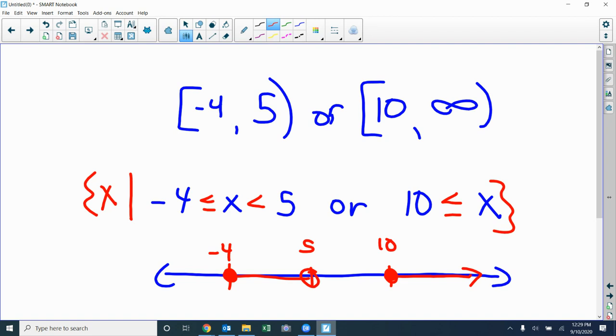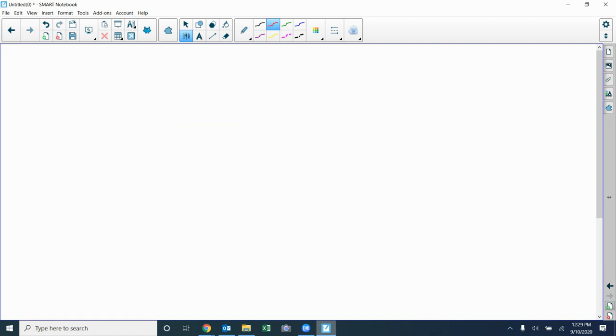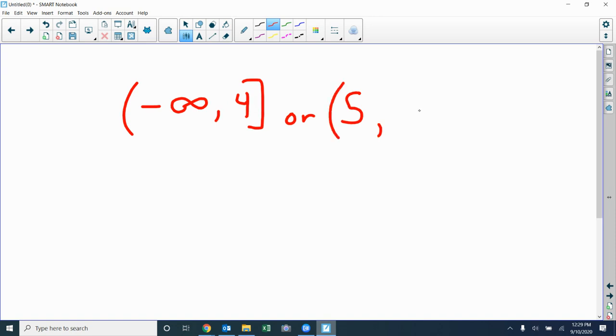Those 3 things all mean the same. If you want to write a number line, if it'll help you, do so. If not, that's fine.